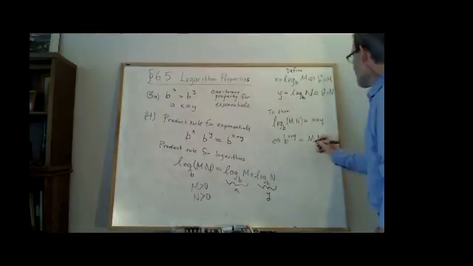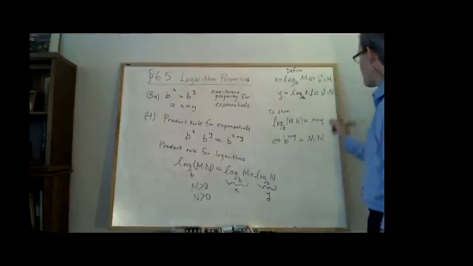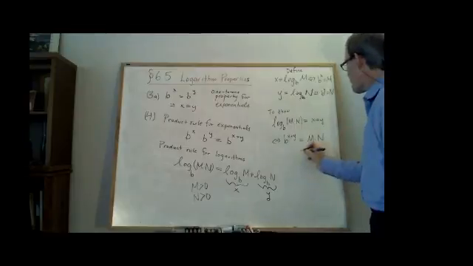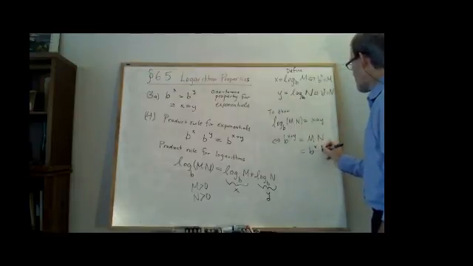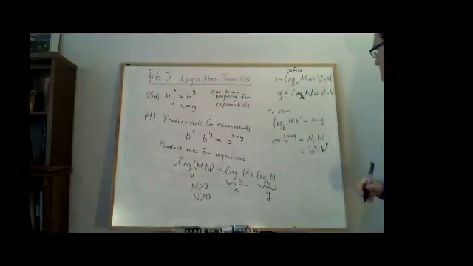But this is true because if I take these expressions here, I get b to the x times b to the y. And we know that's true from the product rule.